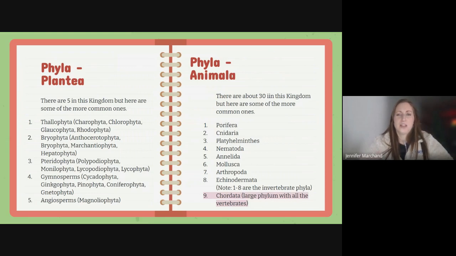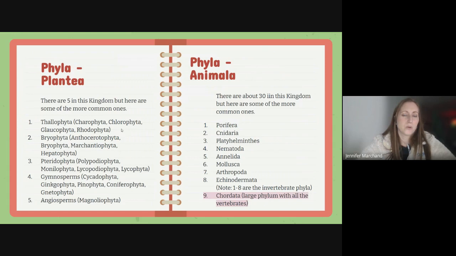Our next 2 categories are plants and animals. Plants, there's a million plants we see out there, but truly and honestly, there's 5 phyla. They're limited to 5 phyla, and here are the different phyla you're working with here.